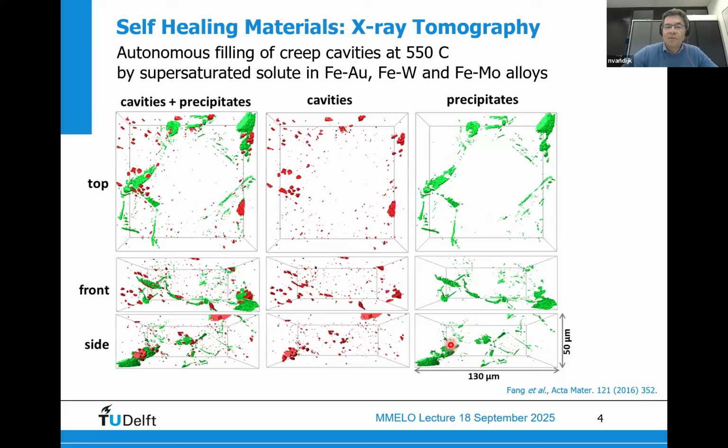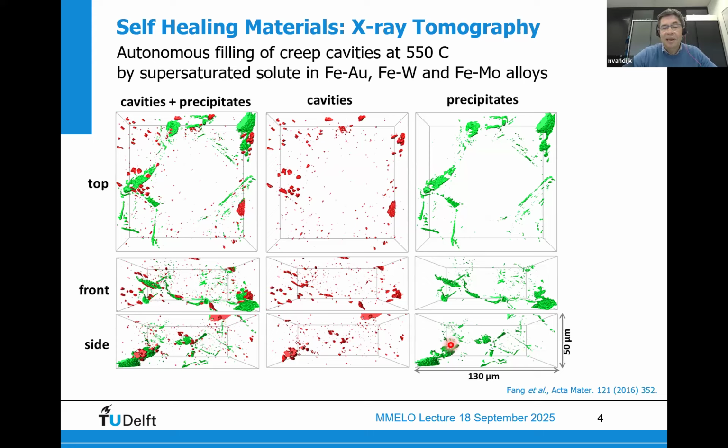And one of the ways we have studied this is by X-ray tomography. And this is extremely powerful. Here you can see an example of gold and iron alloys. So it's 1% gold in an iron matrix. So if we, at high temperature, 550 degrees, put it under load, you see that in red, you see where the cavities start to form over time.